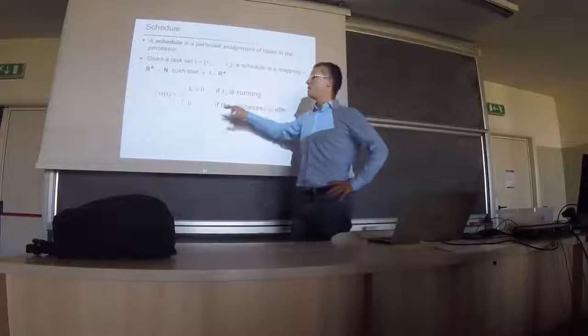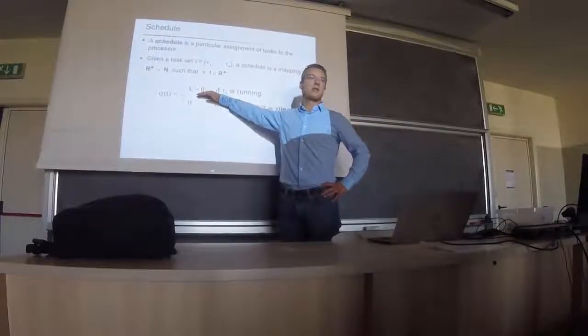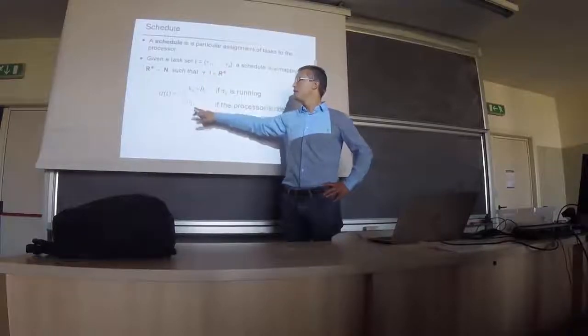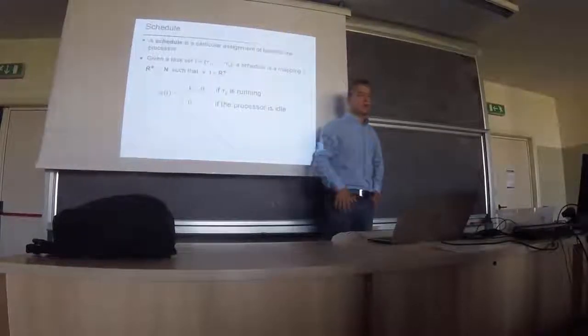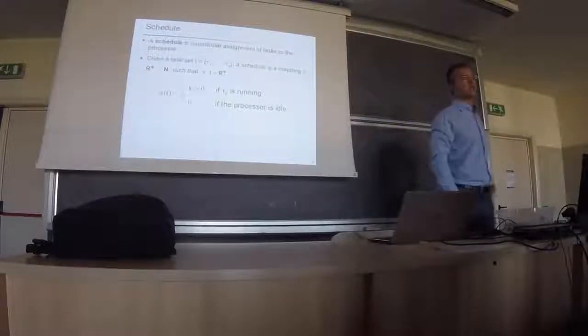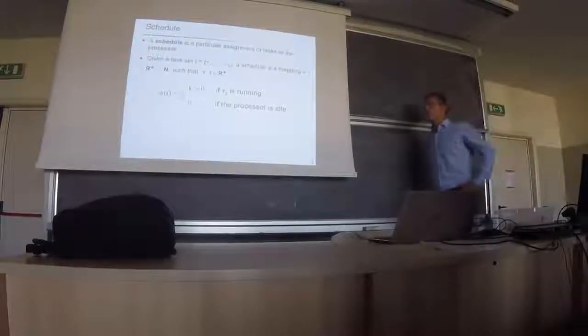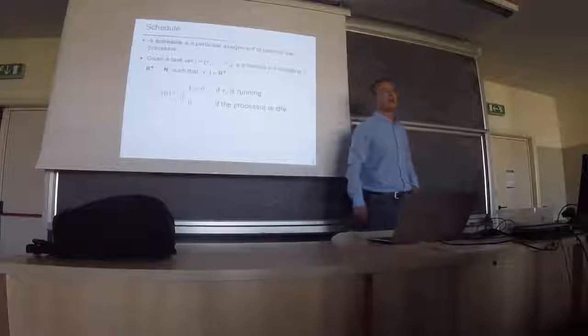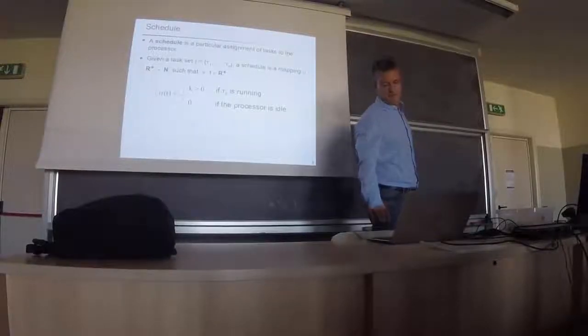Otherwise, if no task is running, for instance there is no task ready, no task active, then we will assign it a 0. So the scheduling function is 0, is null, whenever the processor is idle and no tasks execute.